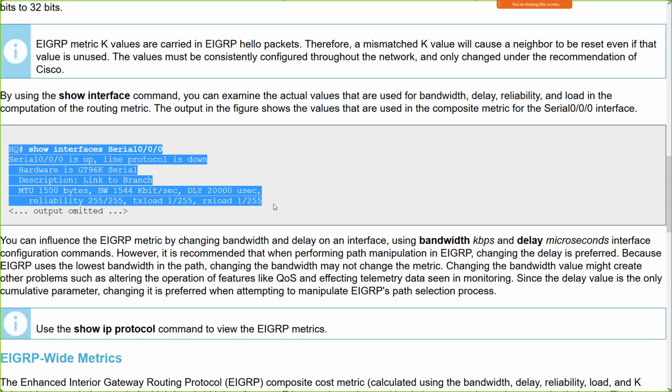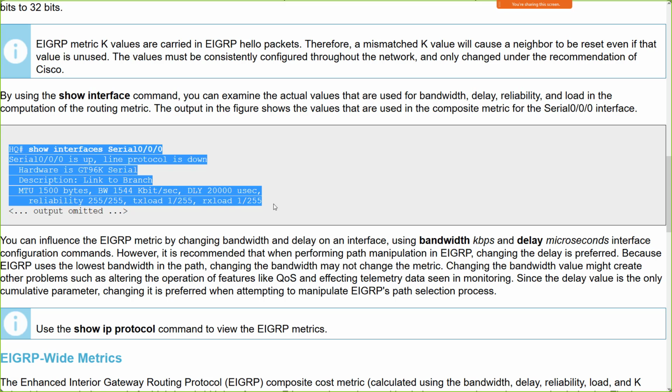All right. How could I manipulate these metrics? Well, I could change the bandwidth or the delay of the interface. I can certainly change the K values to change how the metric is calculated, but again, Cisco says don't do that. But I could also change the bandwidth and delay of the interfaces.